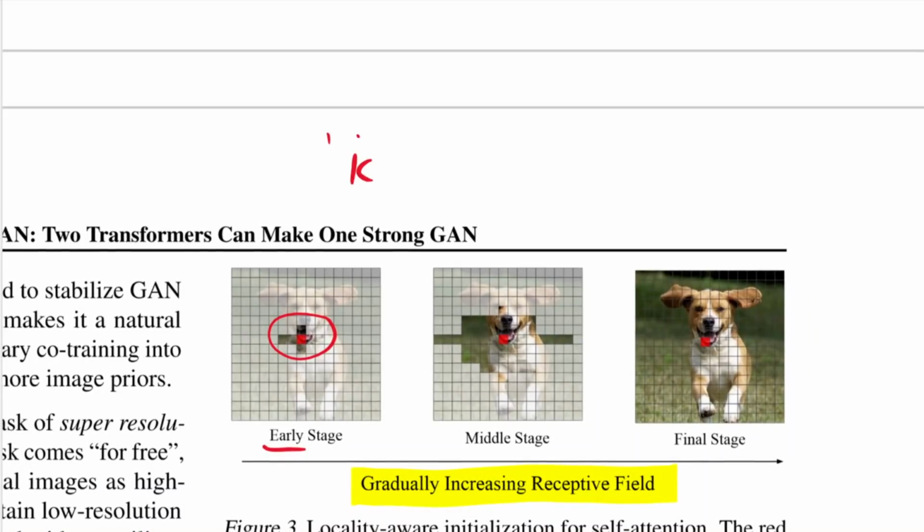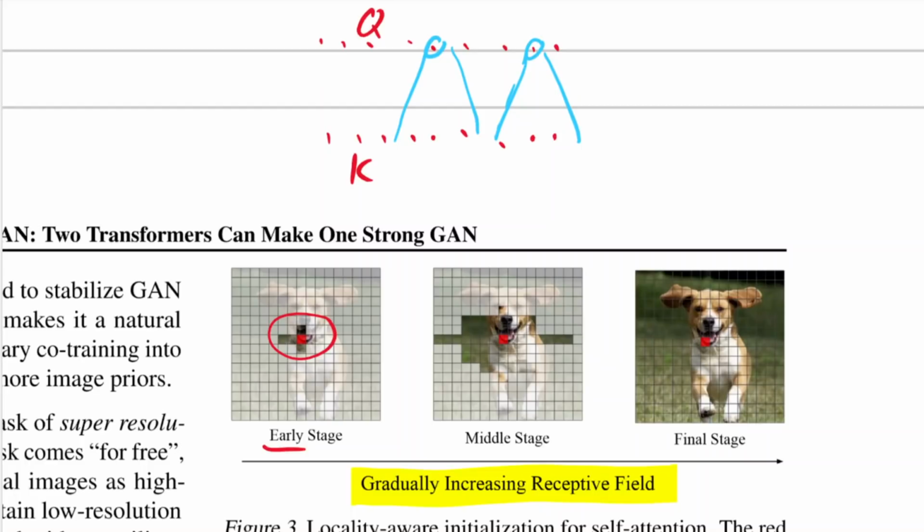So you have a series of keys, and you have a series of queries from the individual tokens. And they say for a particular token, you're only allowed to look at your immediate neighbors as you aggregate information. And then later they say, okay, now in training, you can only look at your immediate neighbors, and so on.